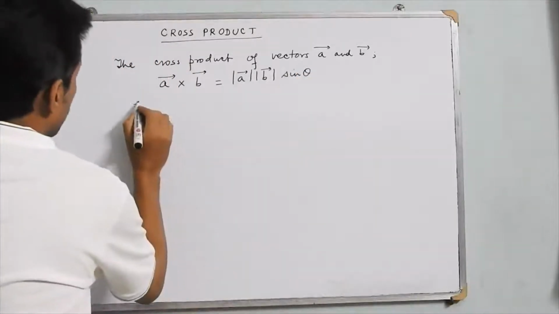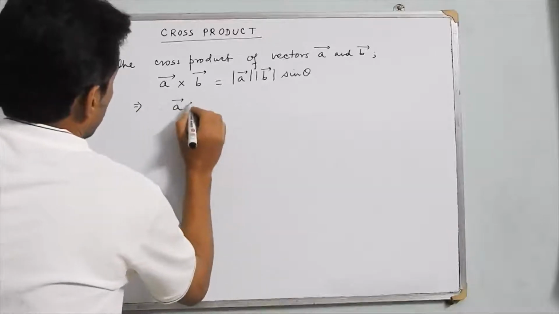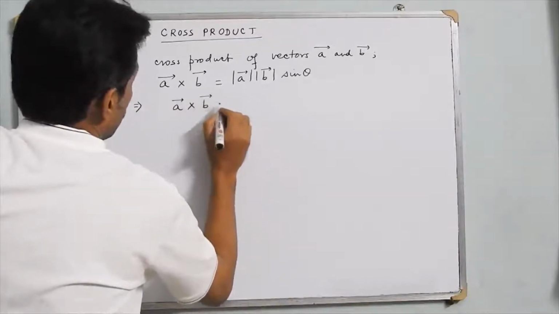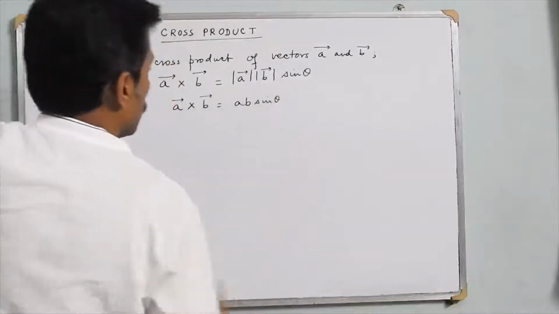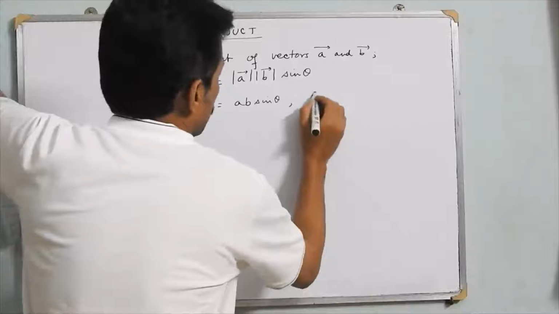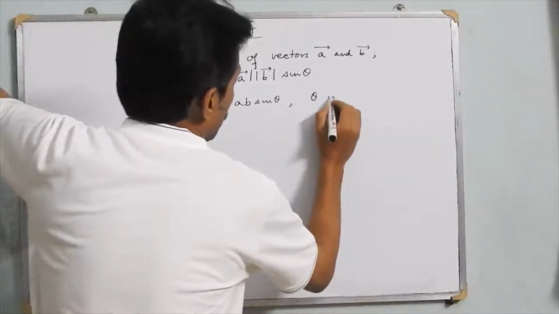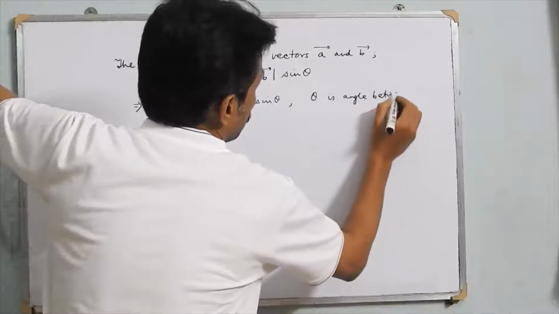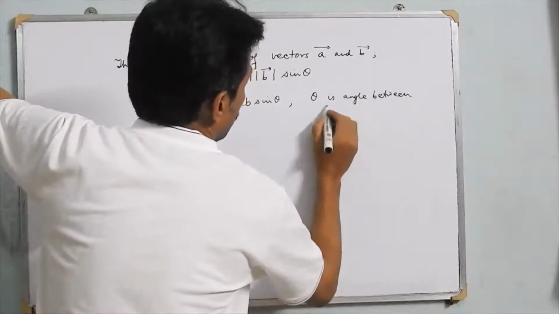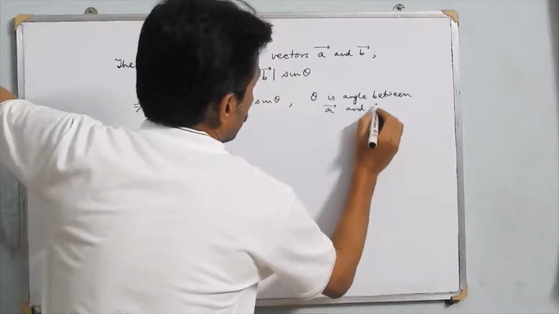That is, you can say the cross product of vectors A and B is AB sine theta, where theta is the angle between A vector and B vector.